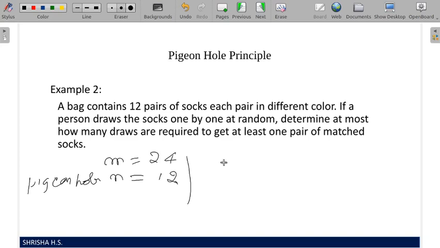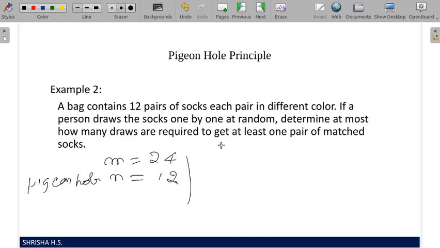On the 13th pick, it is guaranteed that a color repeats, because there are 12 colors, and now the 13th one we are picking is guaranteed to be a repeated color. So what we want is at most: to get one pair of matched socks, we should have at least 13 picks.